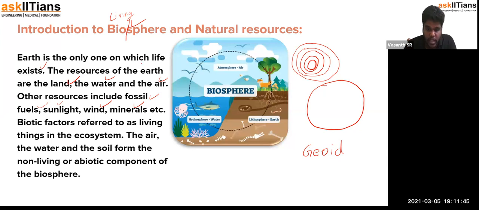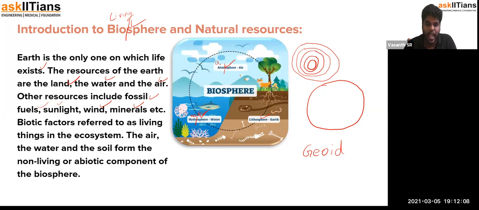So here you can see the entire biosphere includes the atmosphere, hydrosphere, and lithosphere. Atmosphere includes the gaseous layer, and then hydrosphere. Hydro means water, and atmo means surrounding.